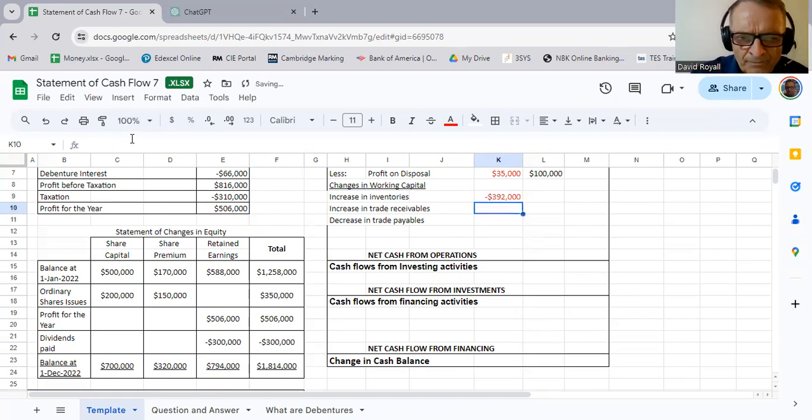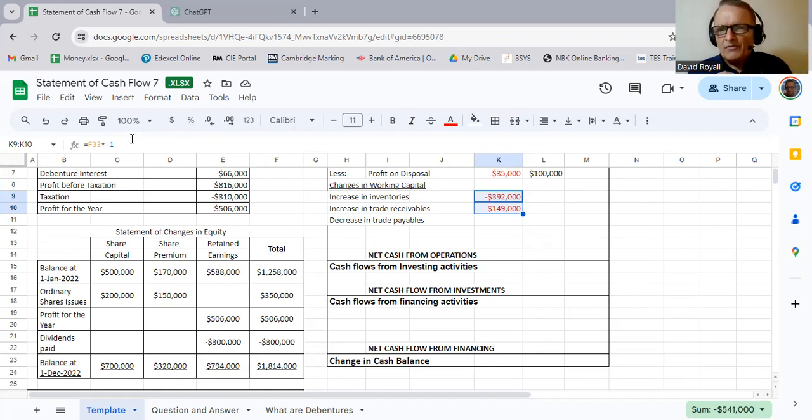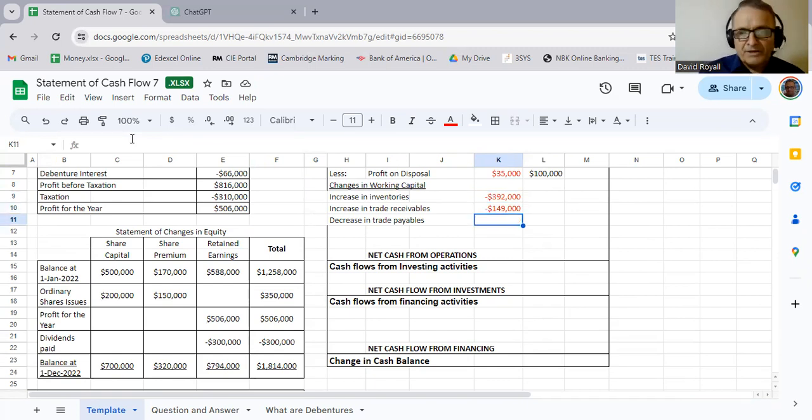But the same applies here. We increase the current assets, we have to fund it, so that it's a negative cash. The cash is draining out of the business. But the reverse is true when it comes to current liabilities. If we decrease the current liabilities, again, we are seeing cash leave the business.